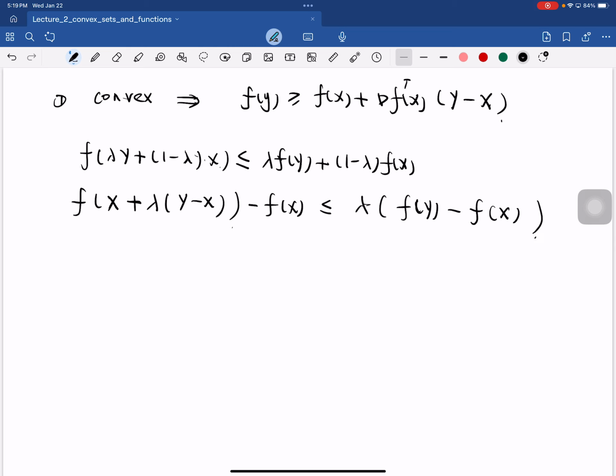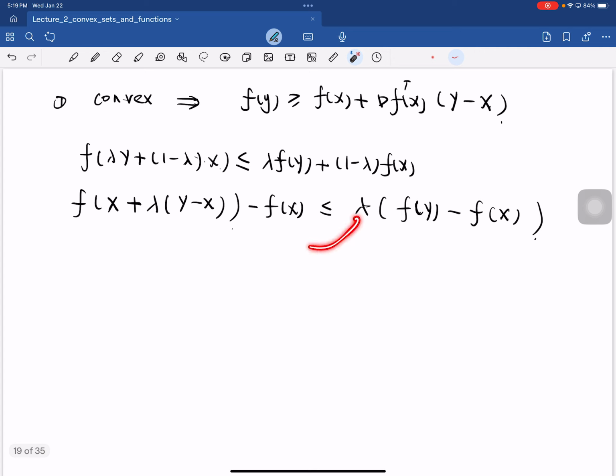Now, as you can see here, you have the difference of this term, which says we start from x and move in the direction y minus x by lambda, and then minus f(x), which says how much this thing will change when you move in the direction y minus x by length lambda. And then you have lambda on the other side. You could divide by lambda, and then let lambda go to 0.